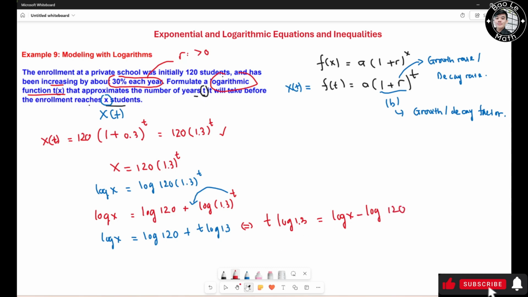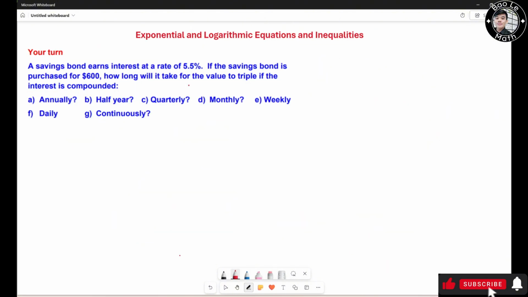Now I need to divide both sides by log 1.3, right? So t equals log s minus log 120 divided by log 1.3. This is the function with respect to s that approximates the number of years t required to reach an enrollment of s students. Now here's the problem for you to practice.